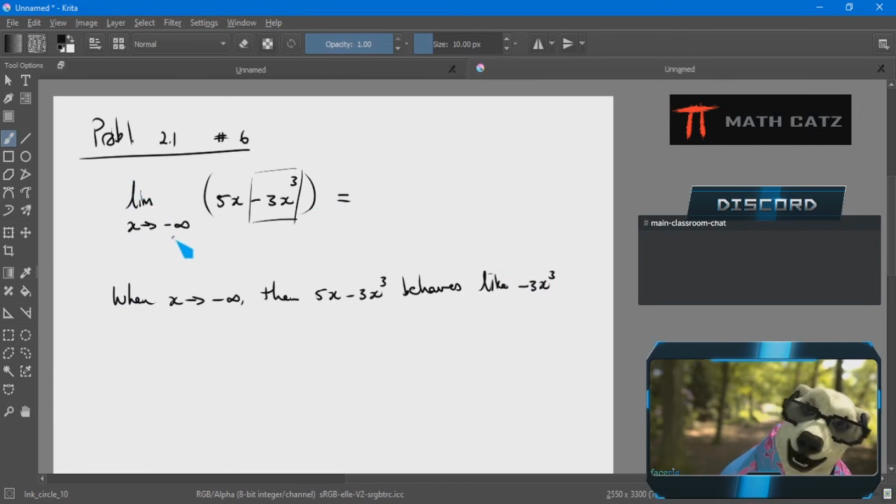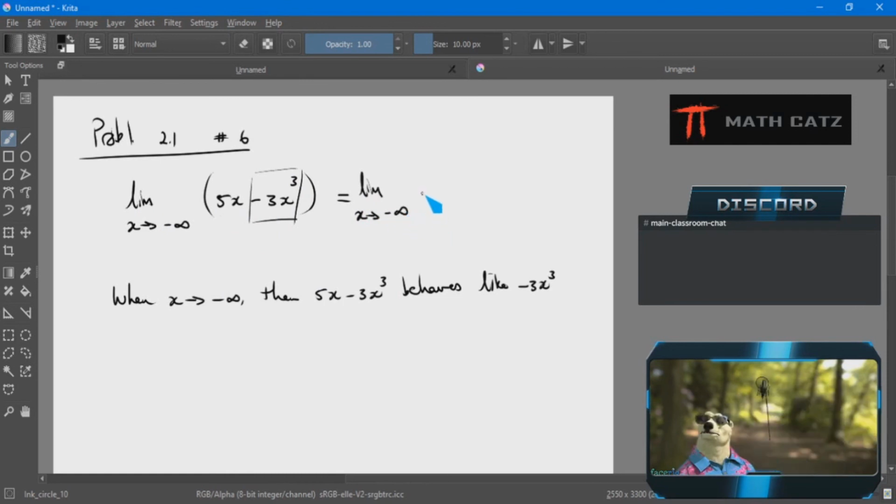Whenever we see limit, we are talking about behavior. So this is asking, what is the behavior of this polynomial? Well, it's the same as the behavior of negative 3x cubed. So the sentence is exactly the same as what we're saying with this limit word. Nothing is changing. As soon as we have limit, we're talking about behavior.